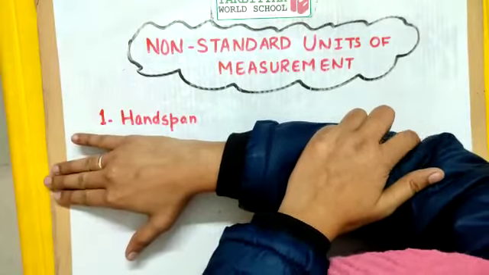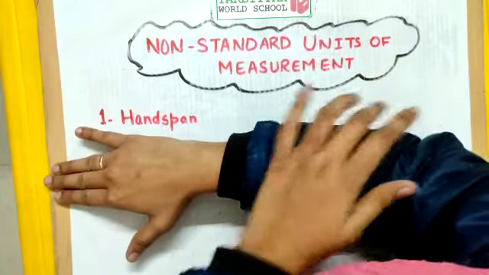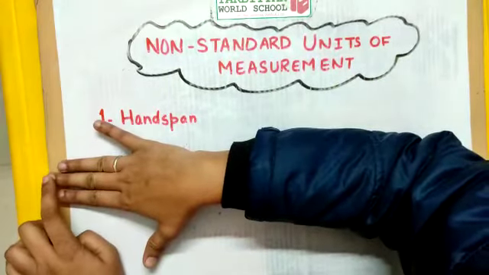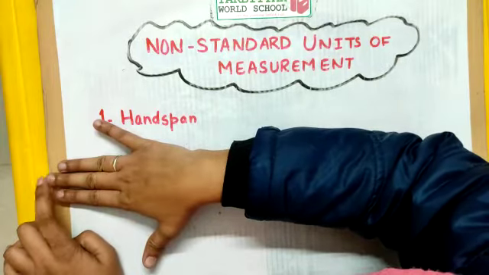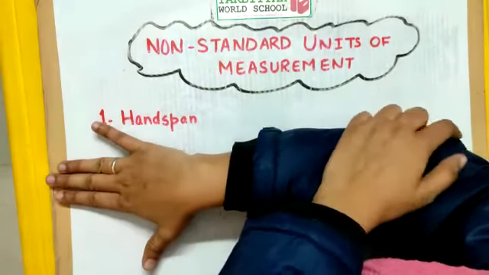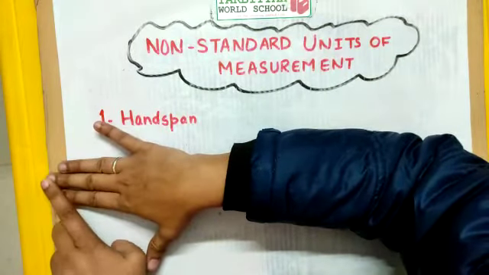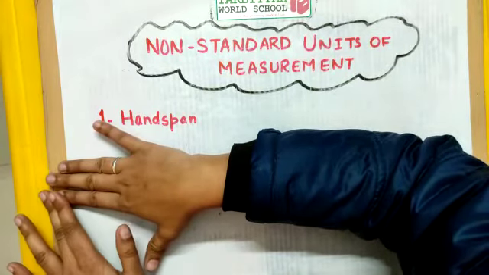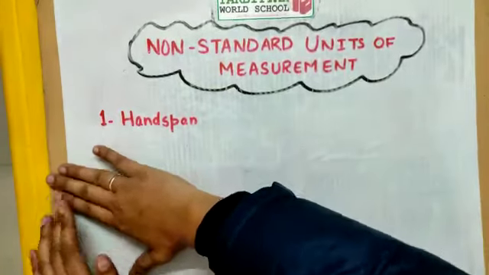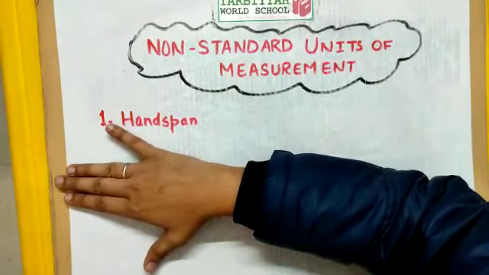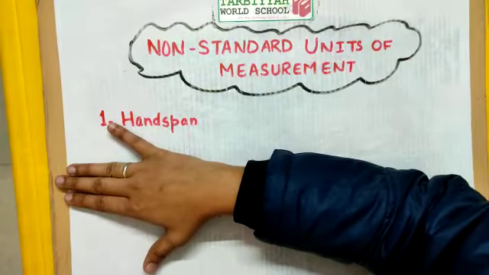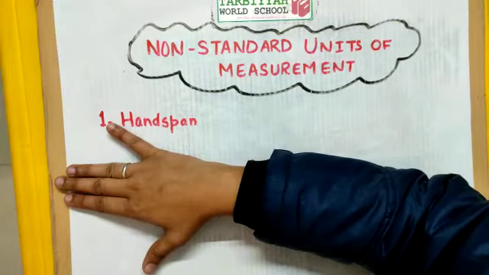Cubit: the distance from the elbow to the tip of our middle finger makes a cubit. Okay, so we can also measure the table or wall with the help of our cubit.